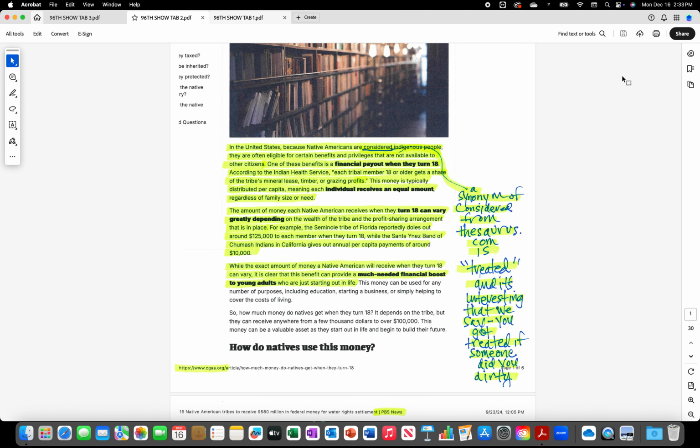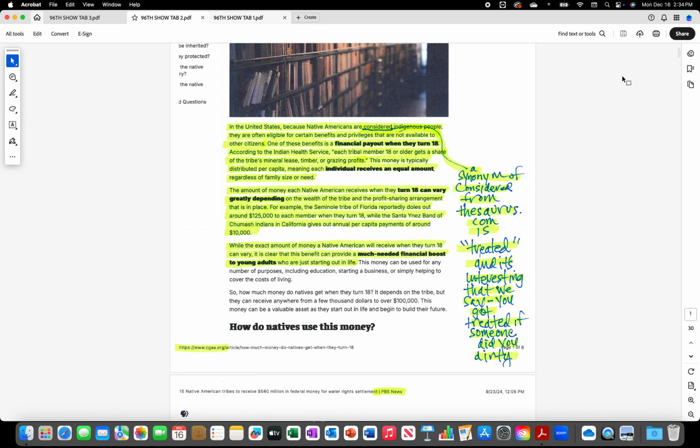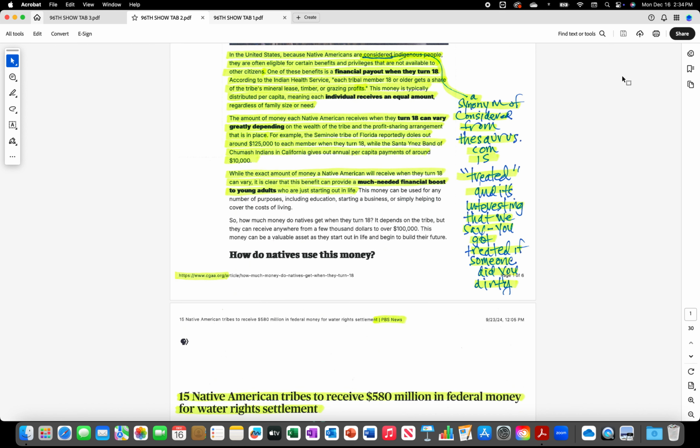While the Santa Ynez Band of Chumash Indians in California gives out annual per capita payments of around $10,000 per member. While the exact amount of money a Native American will receive when they turn 18 can vary, it is clear that this benefit can provide a much needed financial boost to young adults who are just starting out in life. Would you look at that? CGAA.org. See? If you want to know about yesterday, look at today.